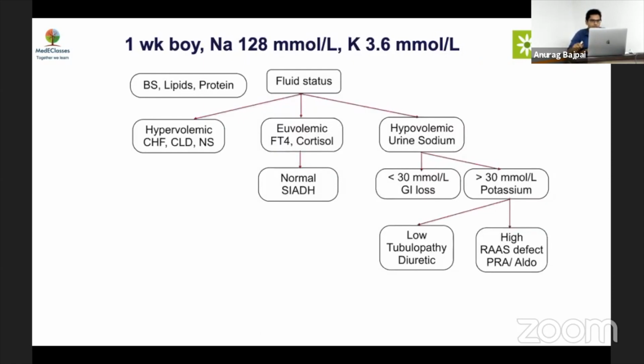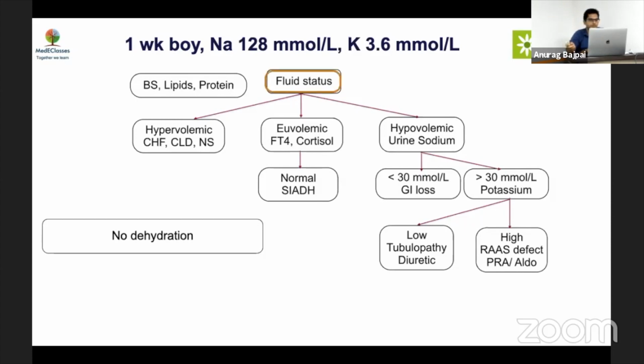So next is a 1-week-old boy with hyponatremia and normokalemia. First, obviously, we rule out high blood sugar, lipids and high protein. Now as we discussed, the most important thing is the fluid status which we see over here. No dehydration, that means the child is euvolemic, and of course not hypovolemic. So the next thing obviously is SIADH. Before ruling in SIADH, we need to rule out any thyroid deficiency or cortisol deficiency.